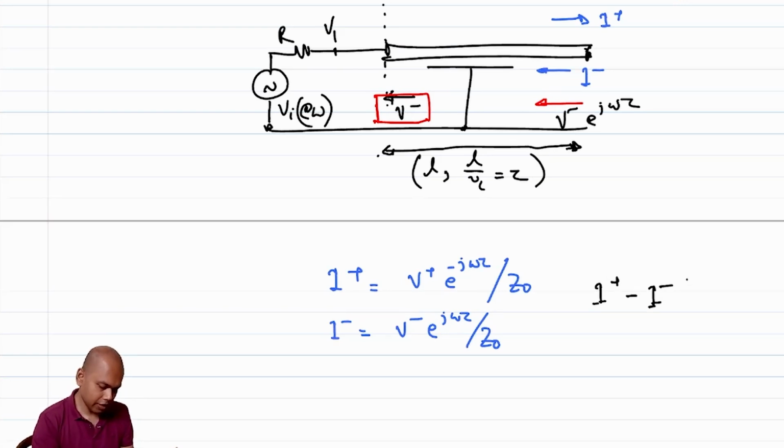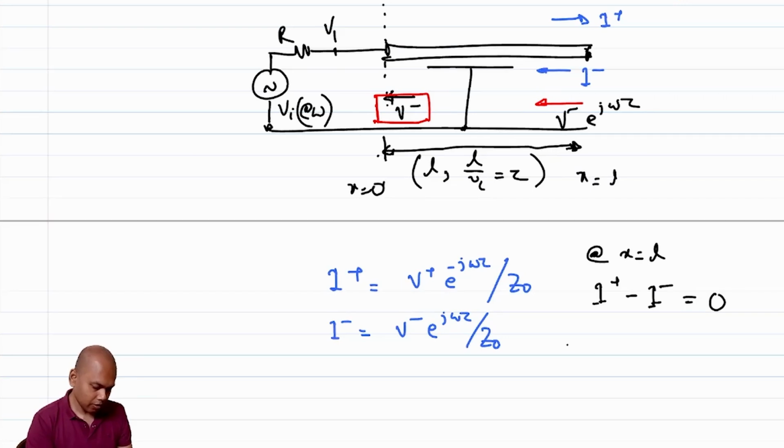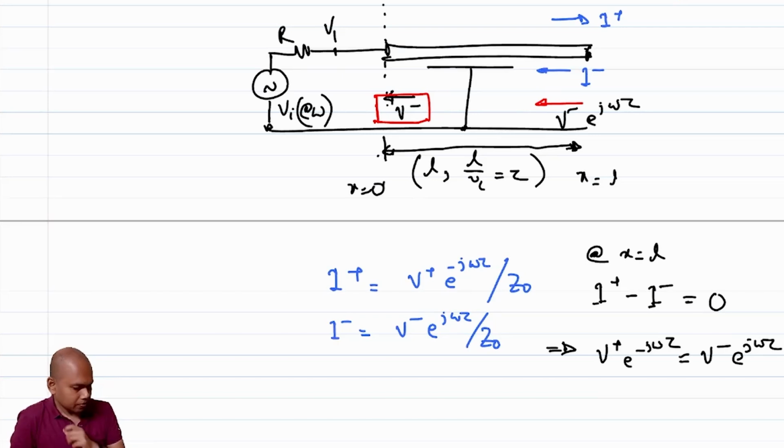This is at x equal to l. Let's say I call this x equal to 0. So I plus minus I minus at x equal to l is equal to 0, which essentially means that V plus e to the power minus j omega tau is nothing but V minus e to the power j omega tau, right? Okay.